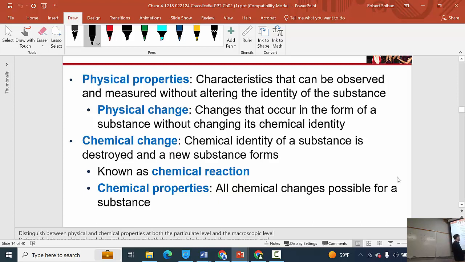The chemical properties, there's lots of different ones. These are all the chemical reactions that happen. Do you know all the chemical reactions that happen in your body? It's too many, right? There's a lot of different things that can happen. So what we try to do is subclassify those.